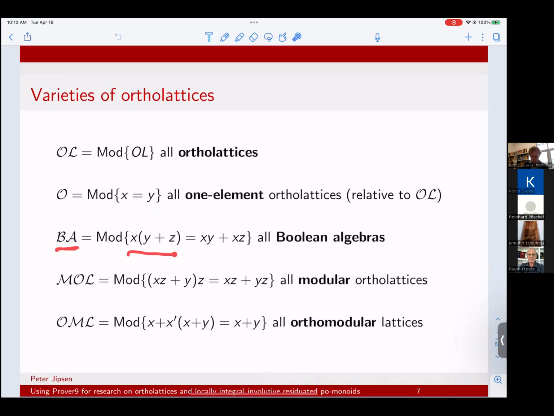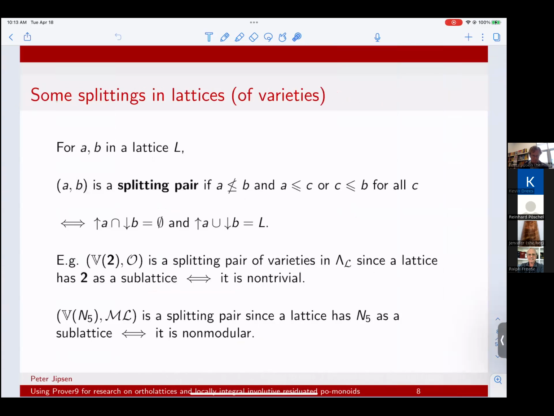Boolean algebras is when you add the distributive law. So everything here is modulo the variety OL. And for modular ortholattices, you add the modular law, and for orthomodular ortholattices, you add this version of the modular law that's slightly weaker. So let's talk about splittings in lattices.